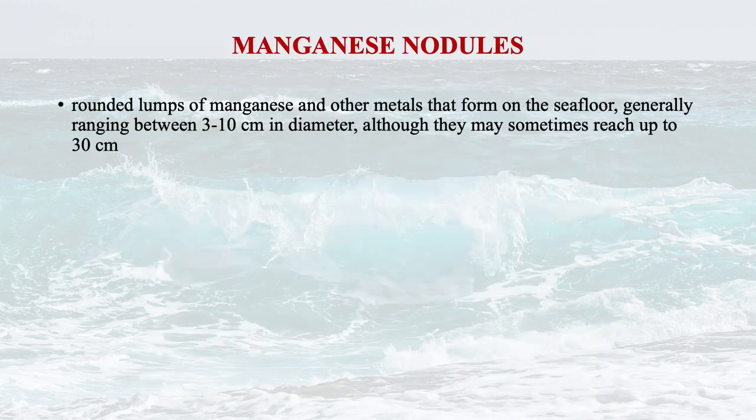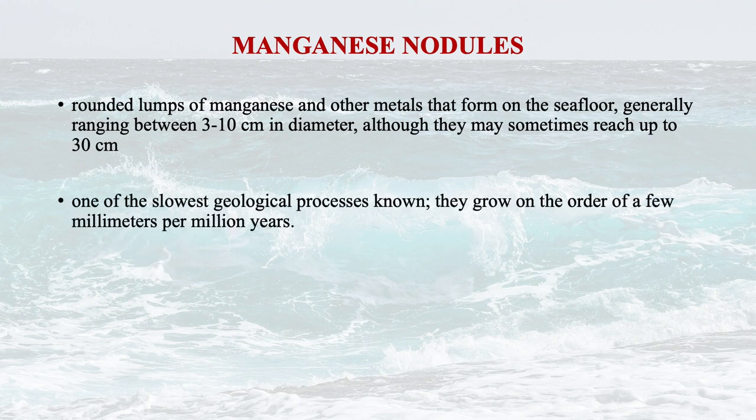Manganese nodules are actually rounded lumps of manganese and other metals that form on the sea floor, and they are about 3 to 10 centimeters thick, and sometimes may even reach about 30 centimeters. They are due to one of the slowest geological processes, and they grow in the order of a few millimeters over a million years.